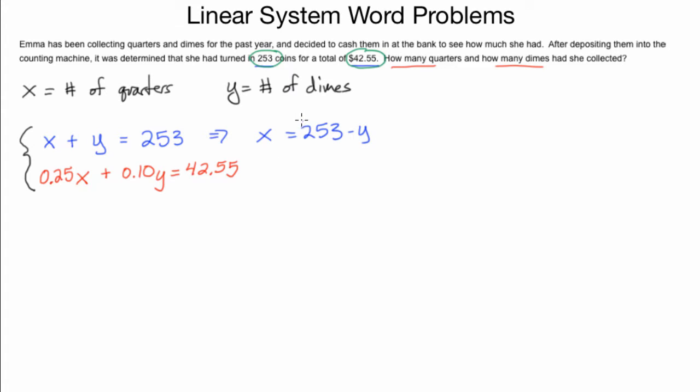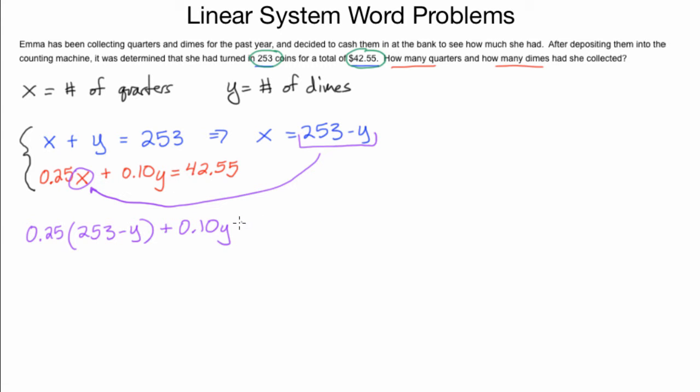Let's substitute 253 minus y in for x in the equation 0.25 times x plus 0.10 times y equals $42.55. Let's do some algebra now and solve this thing out.